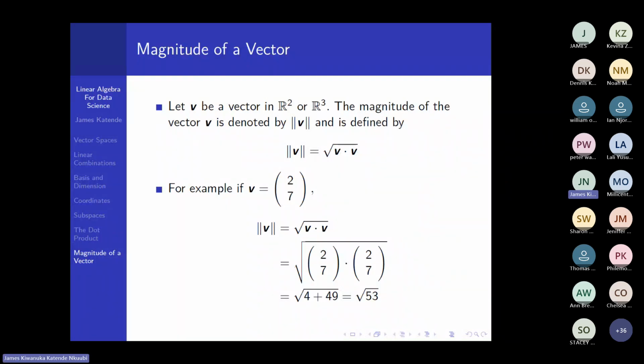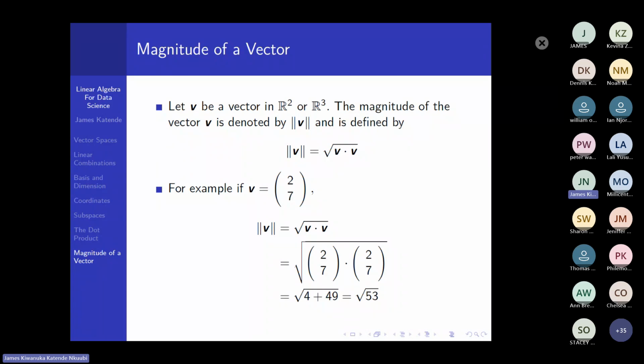So once we have the dot product, it's possible to determine the size or magnitude of a vector. The magnitude of a vector is represented by these two straight lines on both sides. So these two straight lines mean the magnitude or the size of the vector.